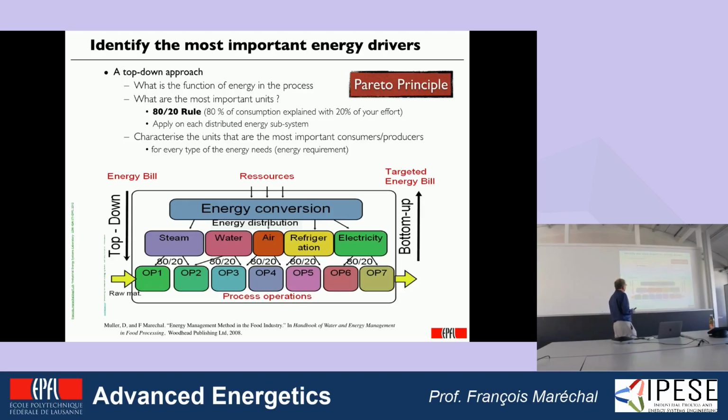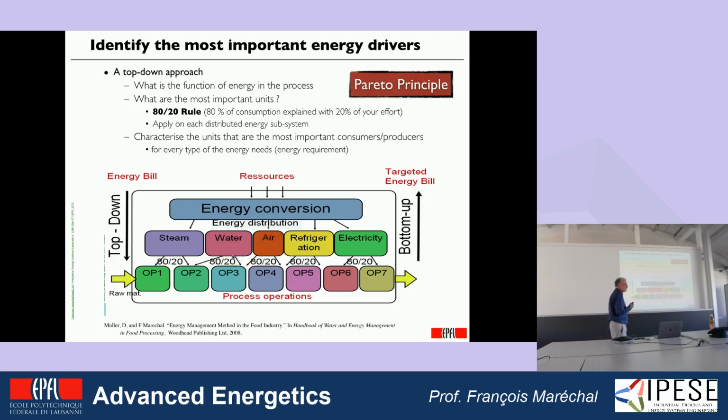And there, my goal is to not spend time on useless things. So what I'm going to do is that I'm going to look at the process, look at the different process unit operations that are needed to transform the raw materials into products here. And for each of those, I'm going to make the list of the connecting distributed energy, electricity, refrigeration, etc.